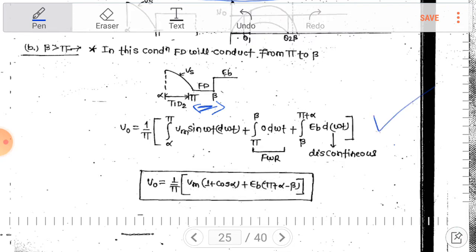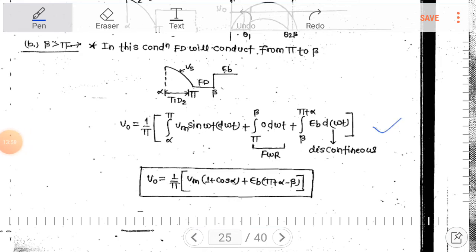This is the advantage of the semi-converter. The semi-converter performs one quadrant operation, and in the full converter two quadrant operation is performed because voltage may be positive and negative, but it is a rectifier, so the average output will always be positive.